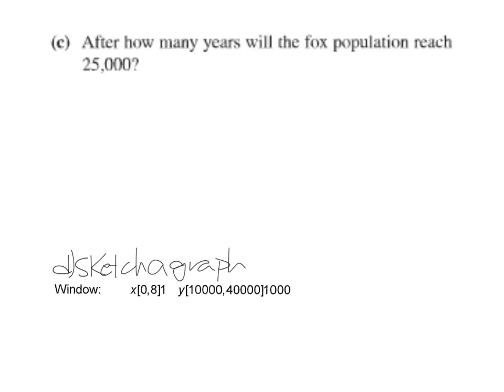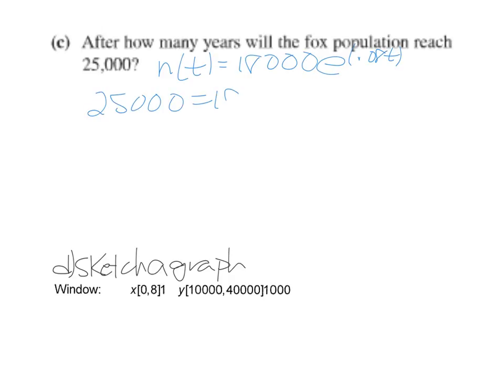Part C, after how many years will the fox population reach 25,000? So remember, this is our original formula, to the 0.08t. And we want to know what t is if we end up with 25,000. Divide both sides by 18,000, you can cross out the zeros and you're just left with 25 over 18.